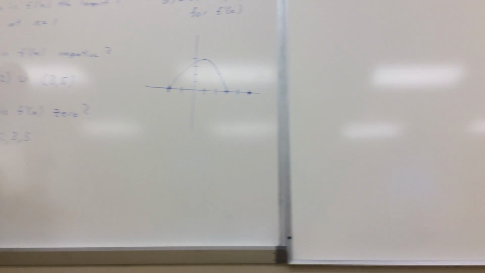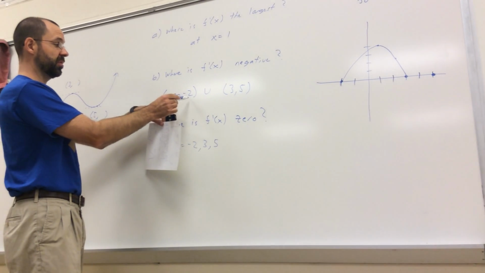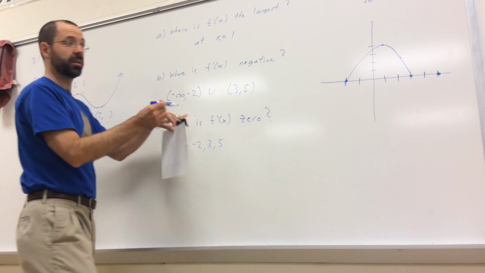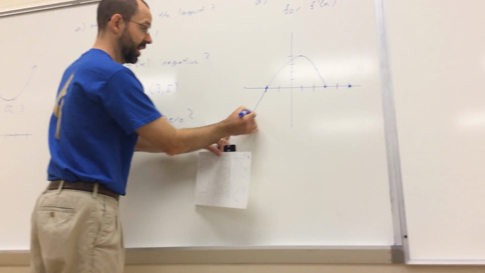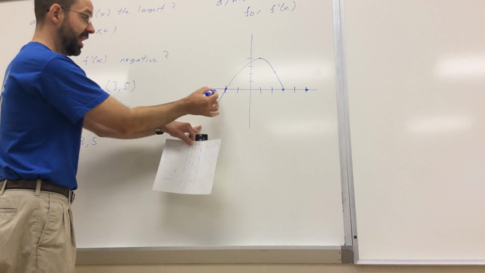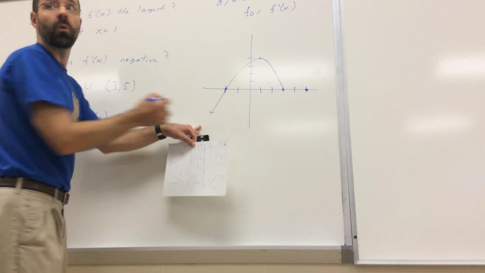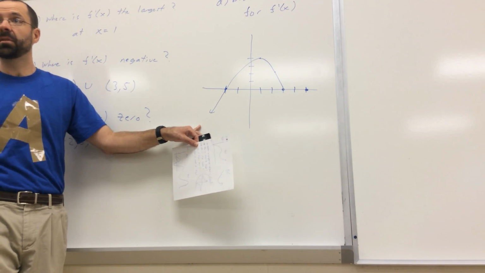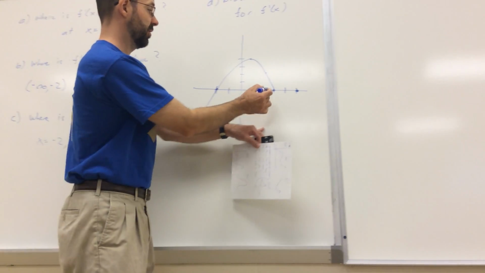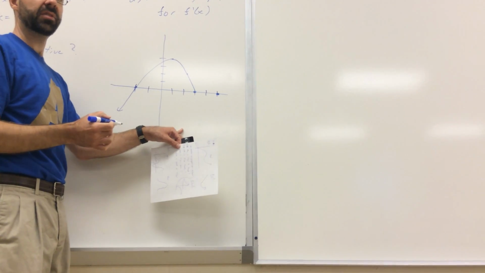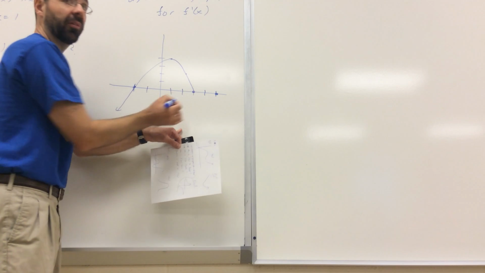And then from negative infinity to negative 2, it needs to be a negative slope. So the graph is going to be below the x-axis because a negative height corresponds to a negative slope. And same thing down here, a negative height corresponds to a negative slope. Except we got to get back to this 0, right?